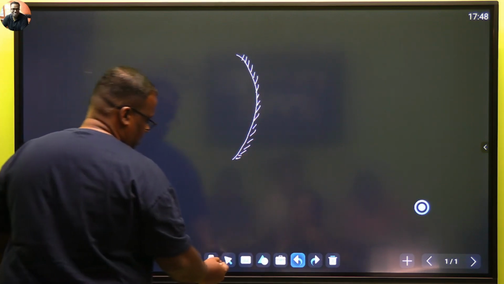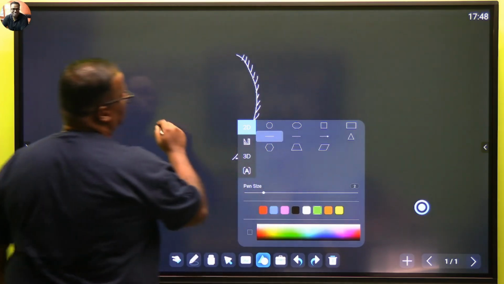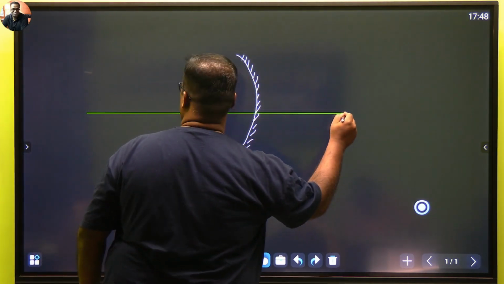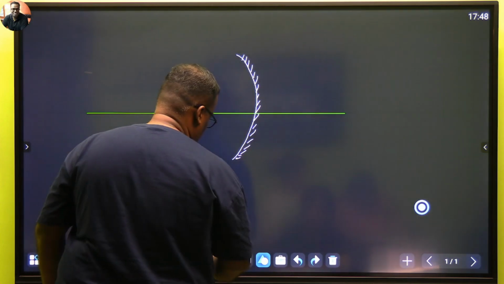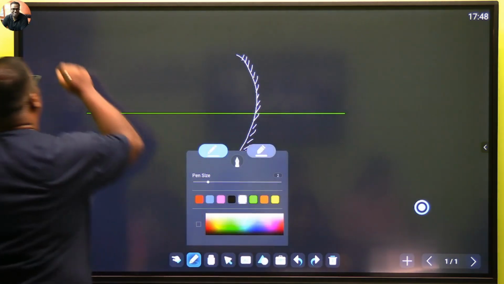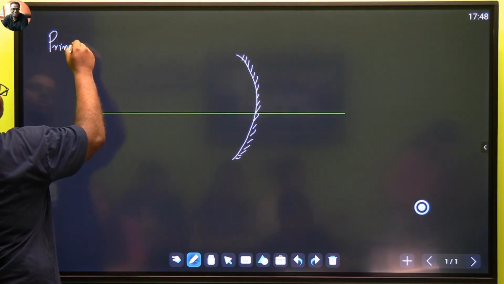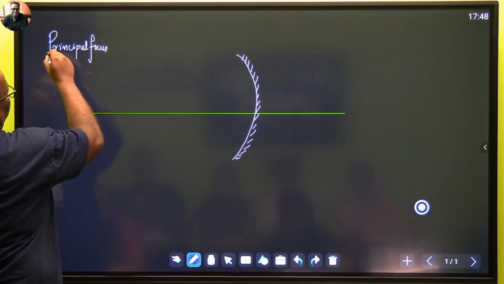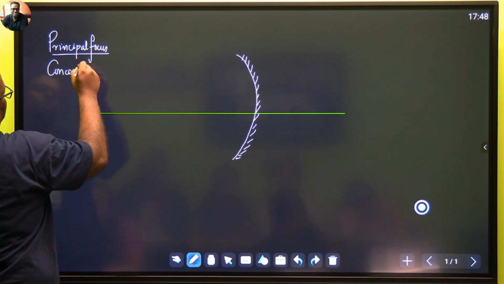And let me construct my principal axis out here. My principal axis. Now, it is time for us to understand what we mean by the word principal focus. And we are first trying to study the principal focus of a concave mirror.